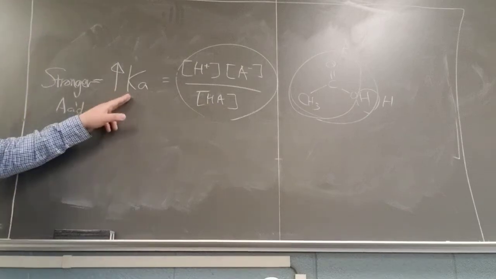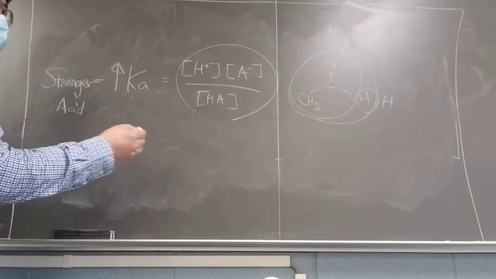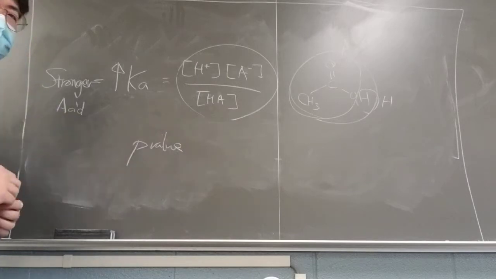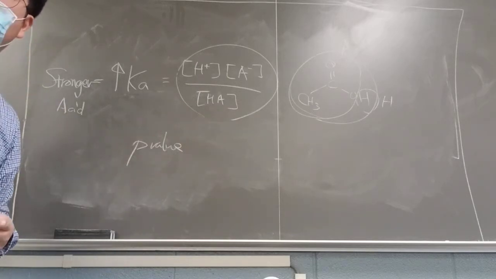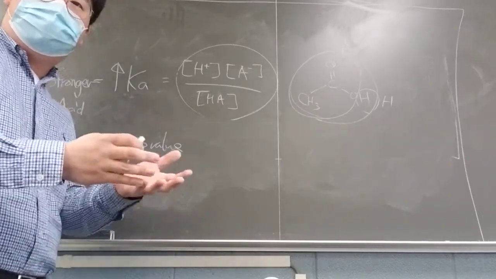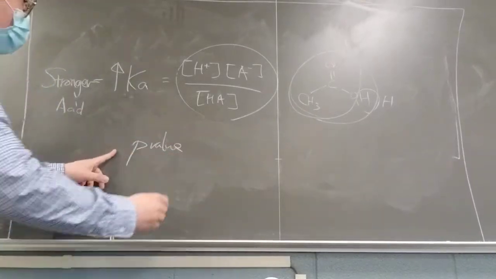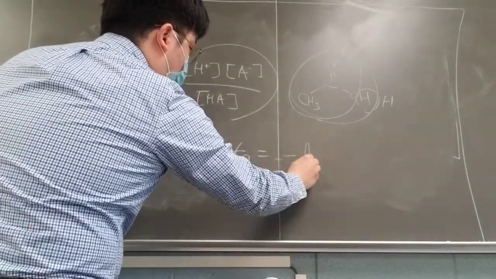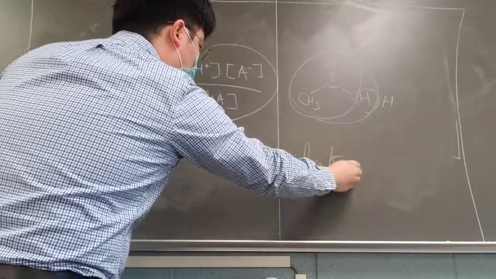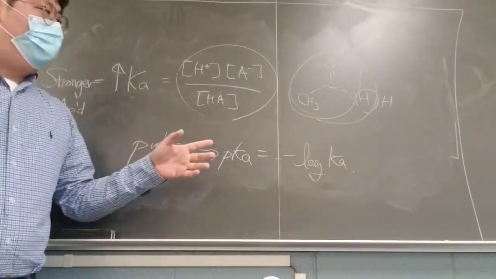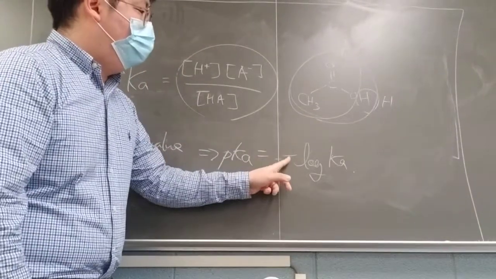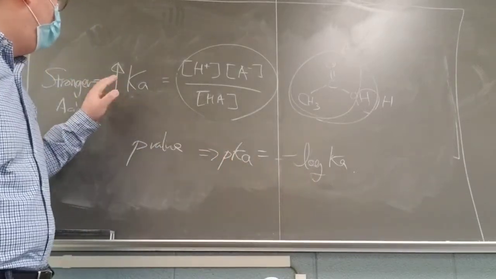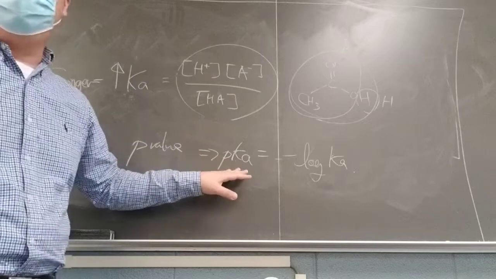So instead of using Ka right away, we always work with the p-value. You remember pH, right? pH is the negative log of the concentration of hydrogen cation. For pKa, we use the pK instead. It's literally the negative log of your Ka. This is a negative log, so if you have a higher number in Ka, you have a lower number in pKa.